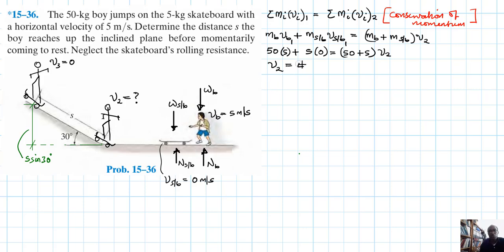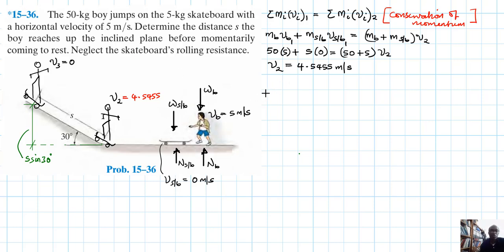This gives us 4.5455. Since this is not the final answer, I've left it like this. So this is our v2 here, since rolling resistance is neglected.